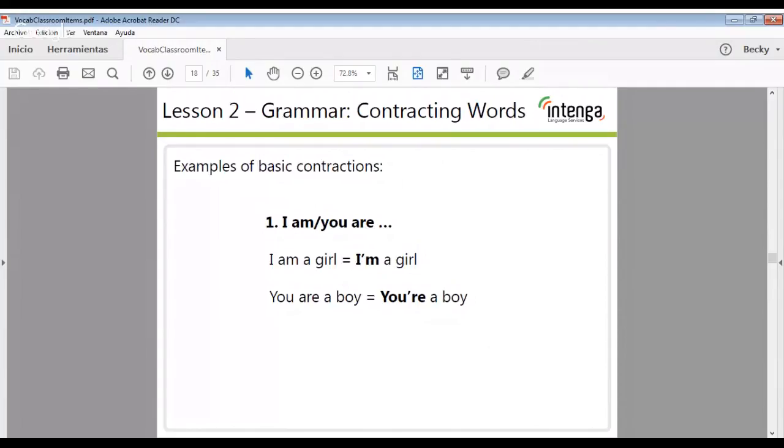They sound the same. It's kind of like when we have I've. What you're really only doing is taking the last sound instead of saying I have, I've. So again, that E doesn't make any noise, just like in the verbs are and have, we don't pronounce that last E sound.